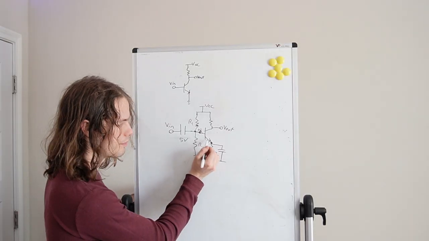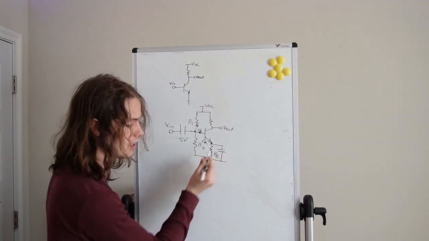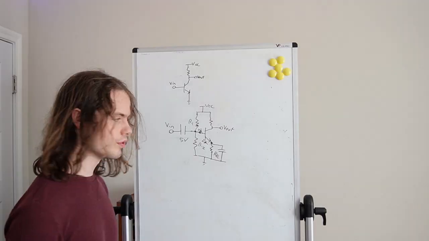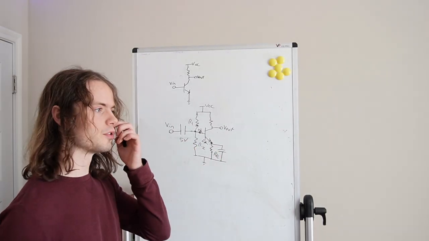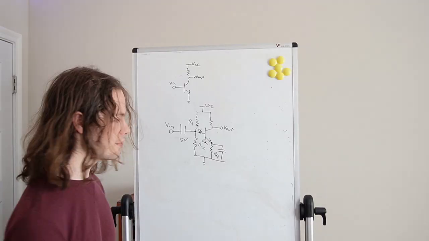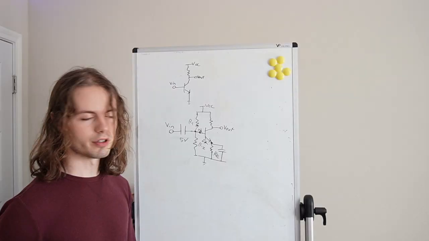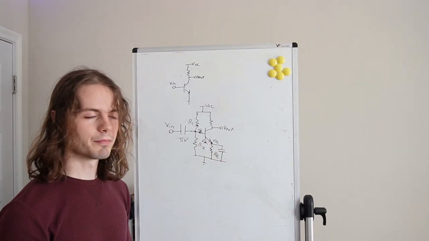As a BJT heats up, the voltage required at this junction here decreases. So if you have enough current running through this, the voltage drop here decreases, which will increase collector current. The emitter resistor helps with that because, again, more current will increase VE, which will balance this out.